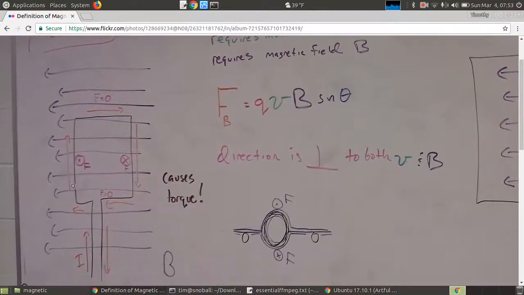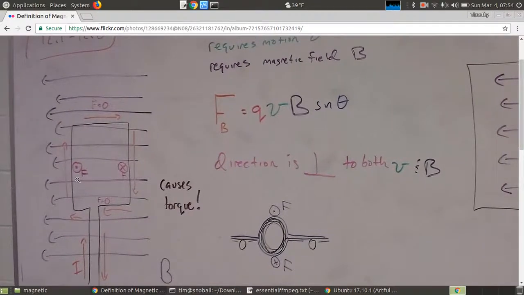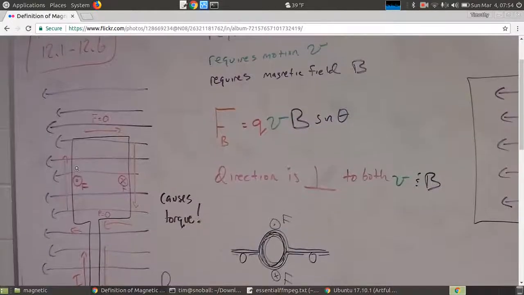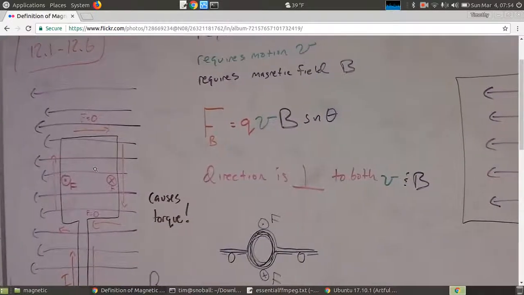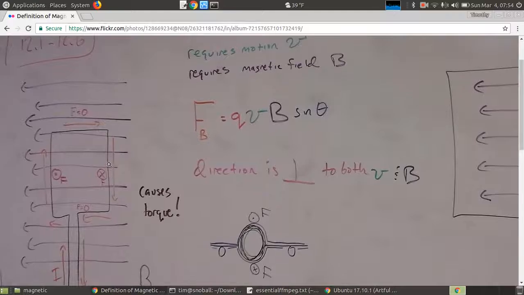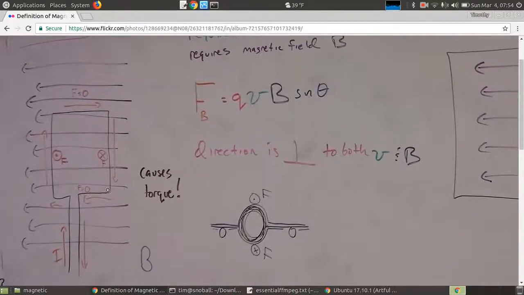So on this loop of wire, the right-hand rule says that charge is going to have an upward force on it. And remember, there's trillions and trillions and trillions of charges doing this, and they all have an upward force on them. That tends to pull this wire up. On the other side of the loop, it's going the opposite direction. So just like I had opposite force on me when I switched directions, these ones will have opposite forces.